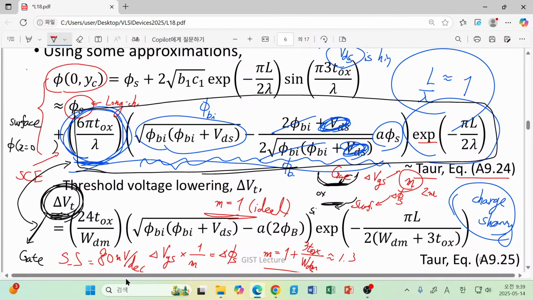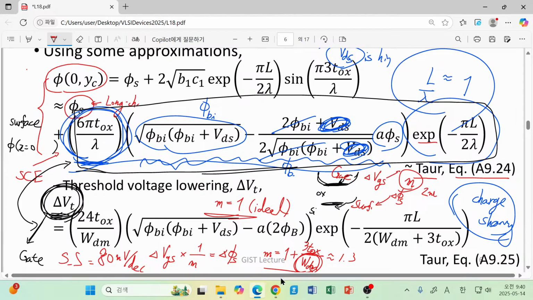Now think about our more recent technology called FinFET or nanosheet FET. In this case, we have a much shorter value for this depletion width.